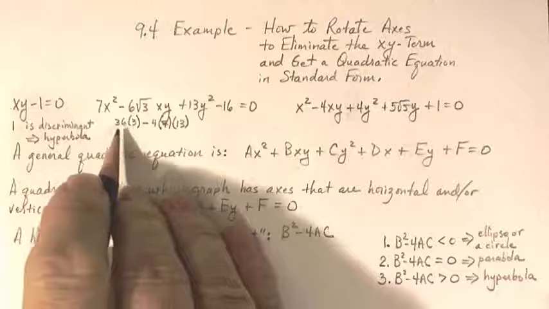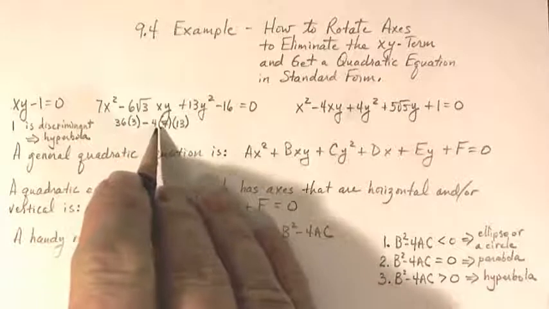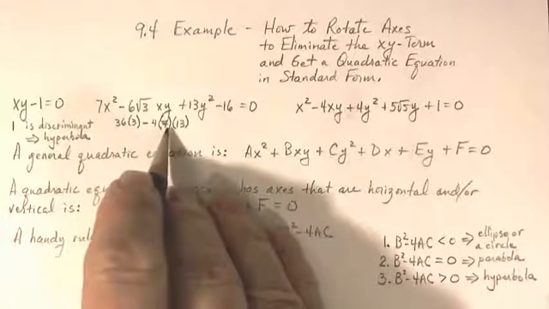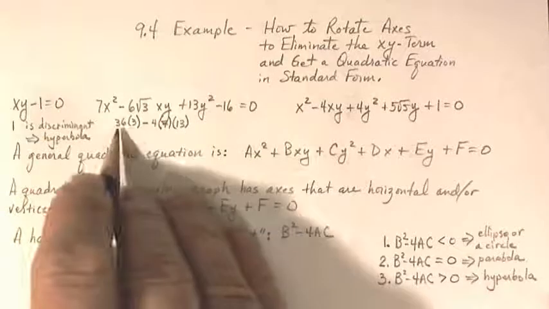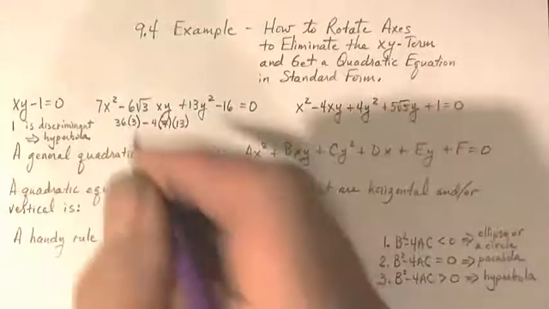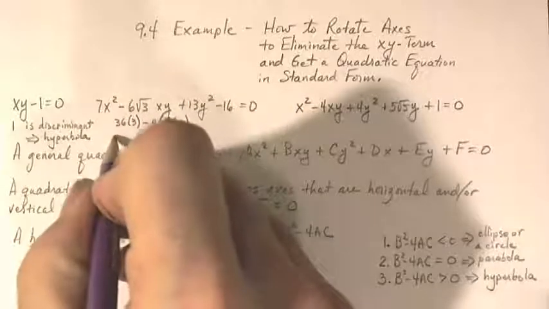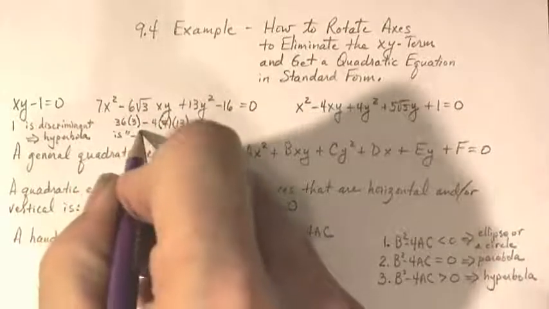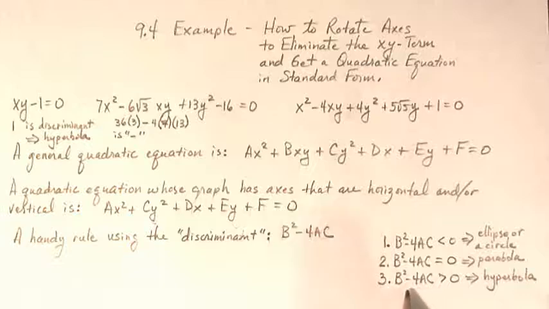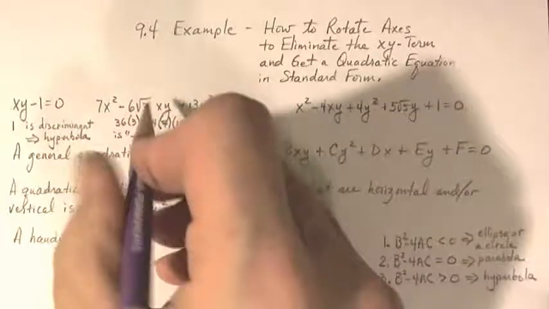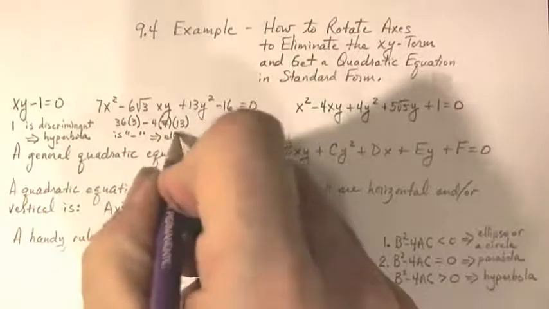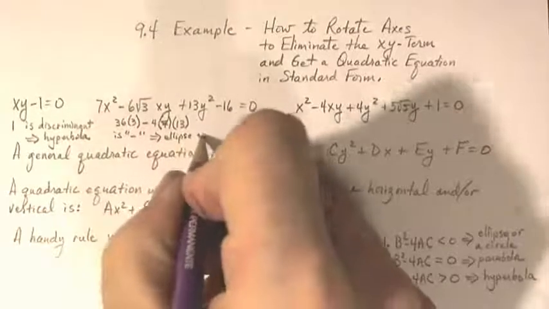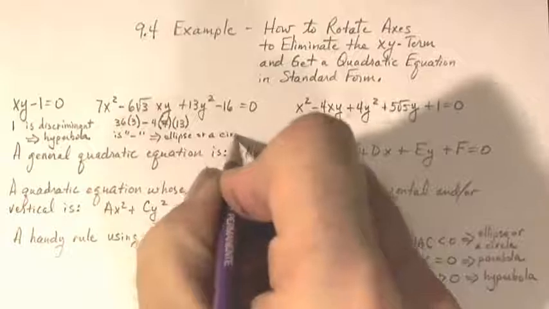Now, which is greater, 36 times 3 or 28 times 13? Well, I think 28 times 13 is a lot bigger than 36 times 3. So I'm going to say this is negative. And if it's negative, this must be an ellipse or a circle.